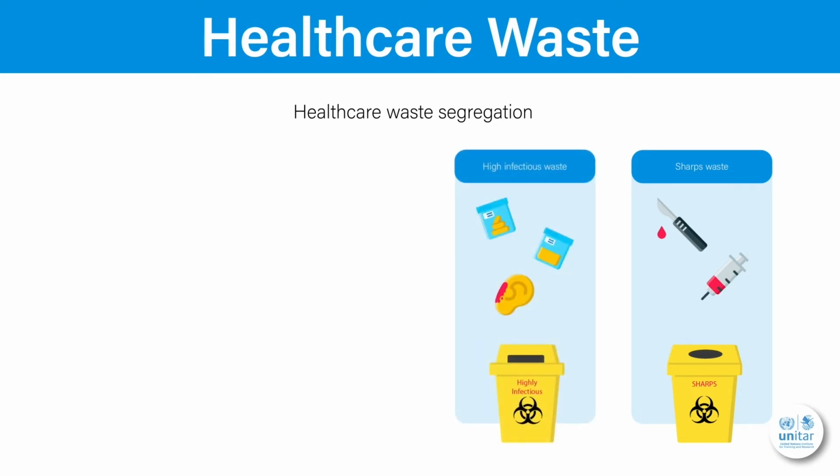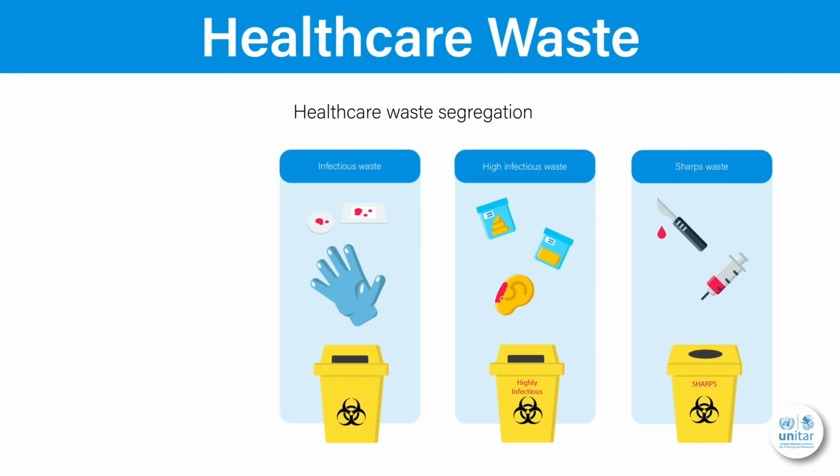Highly infectious waste, such as diagnostic laboratory samples, and waste from infectious patients in isolation, in a yellow strong leak-proof plastic bags or container capable of being autoclaved, with biohazard symbol, and marked with highly infectious. The container should then be autoclaved. Infectious waste, such as anatomical waste, in a yellow leak-proof plastic bag or container with the biohazard symbol.